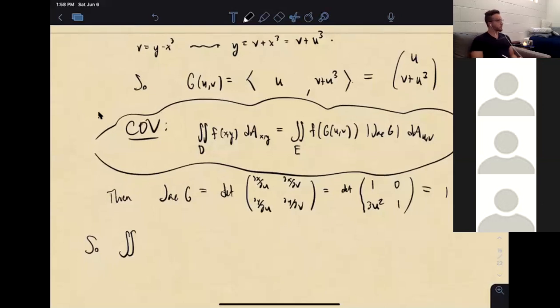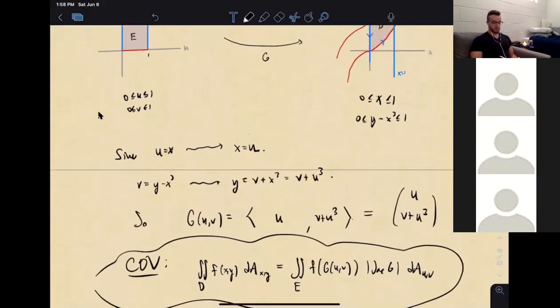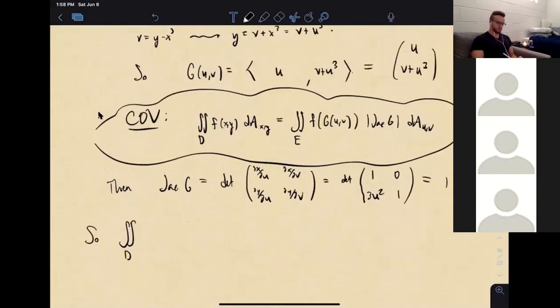So what was the double integral that we started with? 2xy over D. By our change of variables, our new bounds are going to be over E, which is the square.